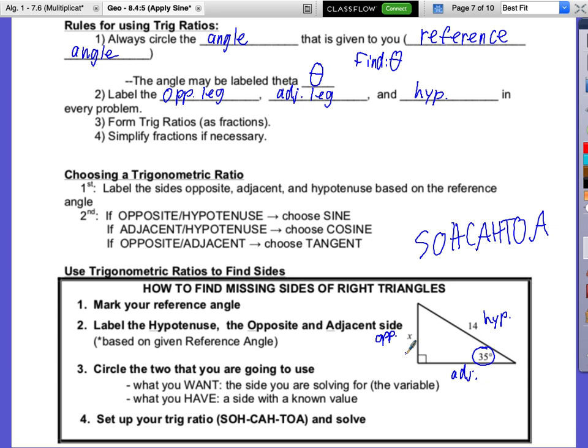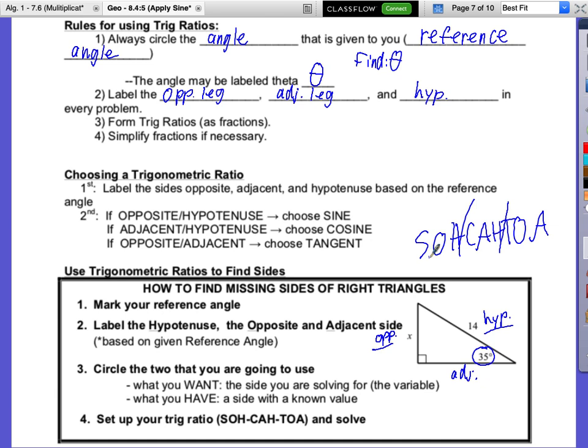So here, we're given an angle, we're given one side, and we have x on this other side. That means we're dealing with the angle, the opposite, and the hypotenuse. Which of these three, SOH, CAH, or TOA, deals with opposite and hypotenuse? It has an O and an H. So which function does this one fall under?